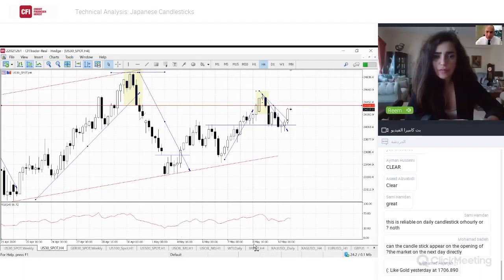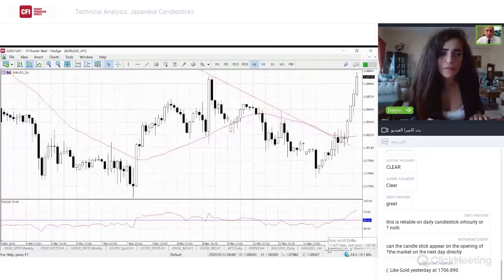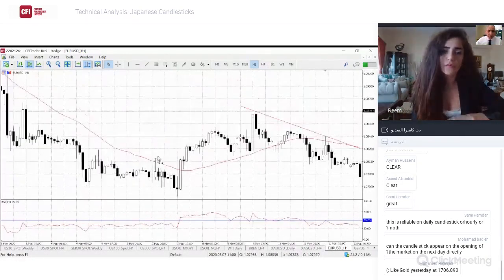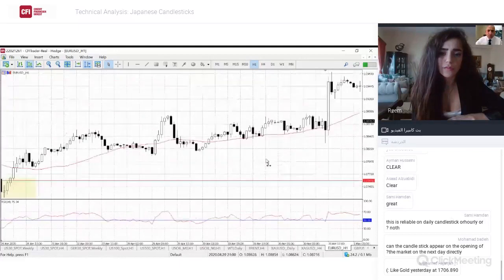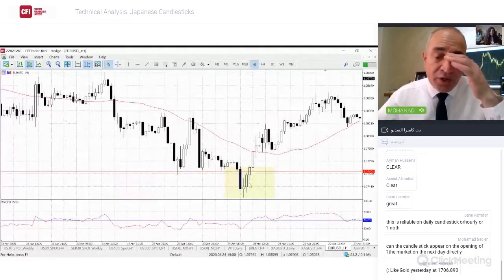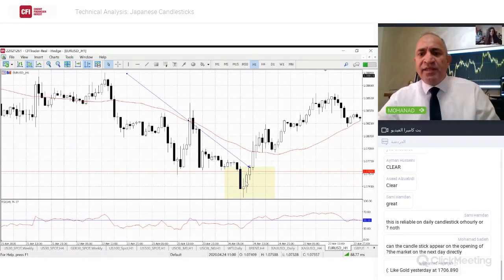We have an example here, euro. We have a downtrend line. At the end, we had a combination of three candlesticks.